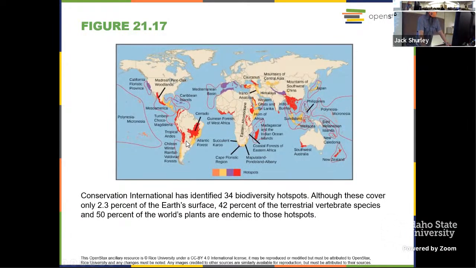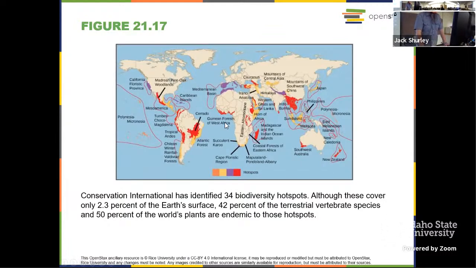All of these little spots make up just a fraction of the surface, but 42% of the terrestrial vertebrates and 50% of the plants are found within these hotspots. Definitely, as we think about that, it sets the stage for efforts to ensure that these special habitats are preserved.